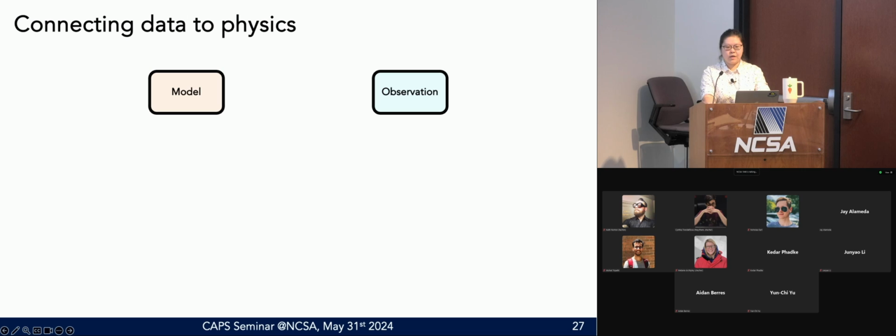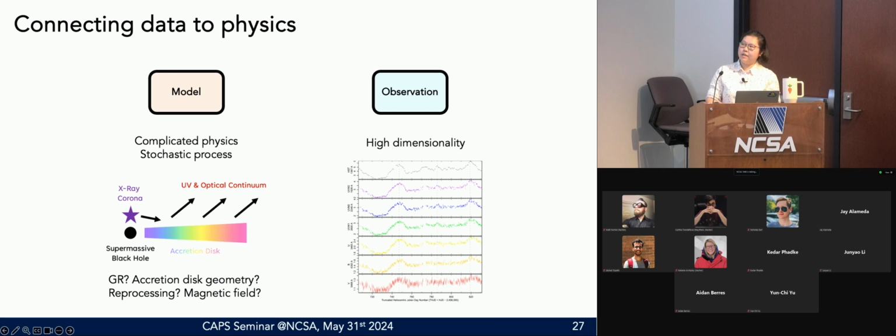So let's think about how we usually learn physics from data, right? We have some sort of theoretical model, and we have some observations that could be used to prove or disprove the theory we have. But it's not always so simple, because in this case, we have a very complicated physics model.